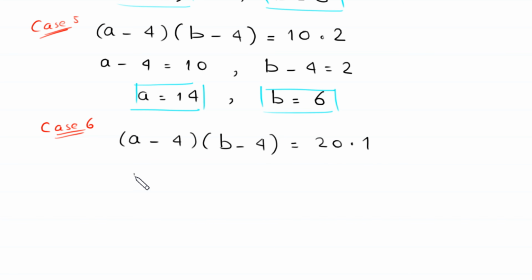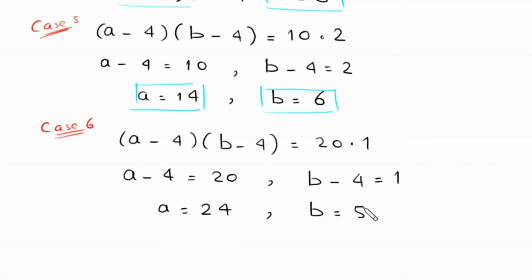So this a minus 4 is equal to 20, and this b minus 4 is equal to 1. From this equation we get the value of a is equal to 24, and from this equation we get the value of b is equal to 5. So from this case we get the value of a 24 and b 5.